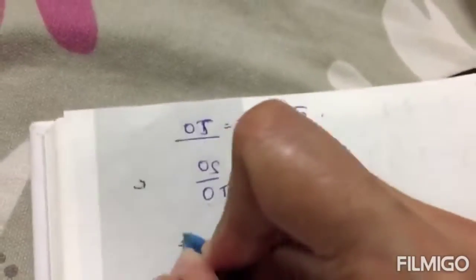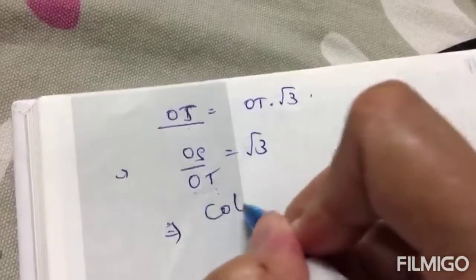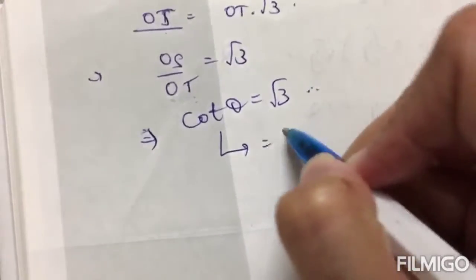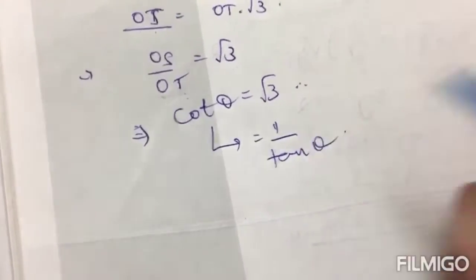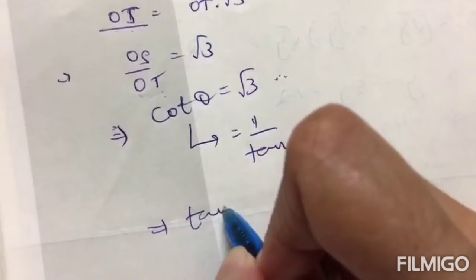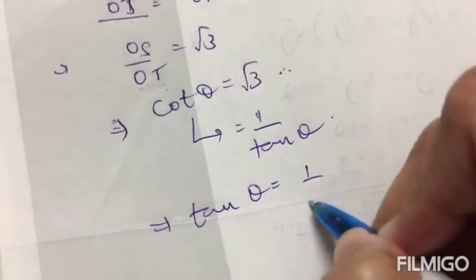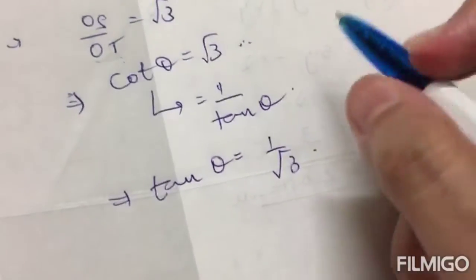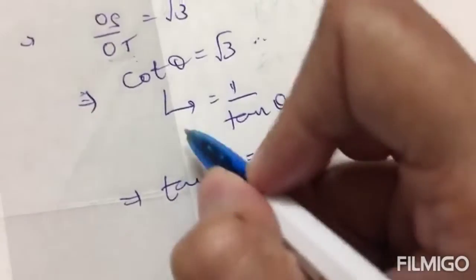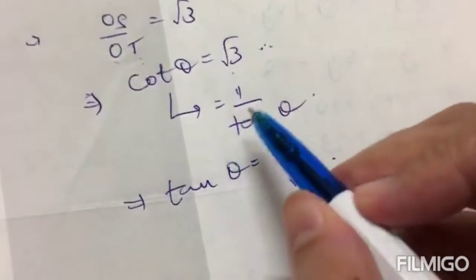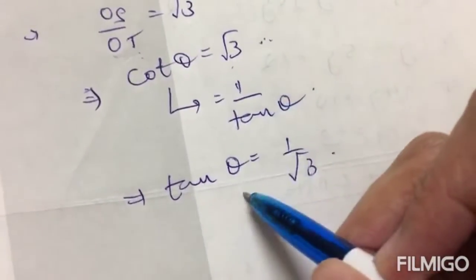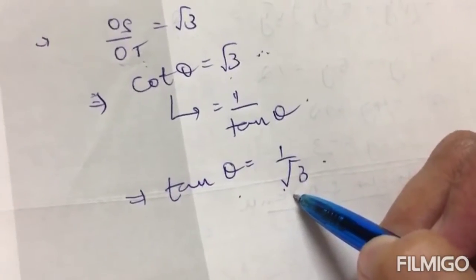See, we got this, right? This implies cot theta is equal to √3. And we know that cot theta is equal to 1 by tan theta. So if cot theta is √3, then tan theta will be equal to 1 by √3, correct?